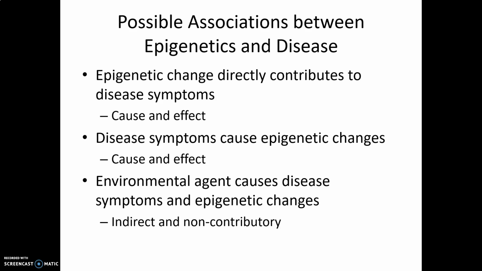So a reverse cause and effect relationship. Or three, is it an indirect association? Because there is an environmental agent that does two things. One, it causes the disease symptoms, and in parallel, it causes epigenetic changes. But the two, the symptoms and the epigenetics, are not directly related.